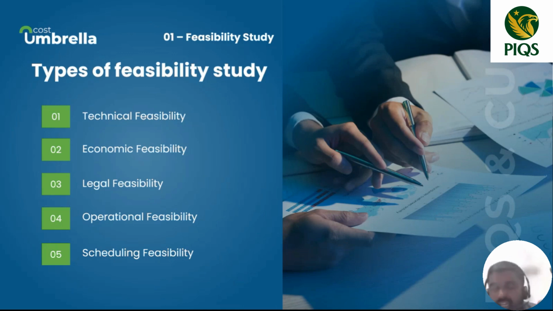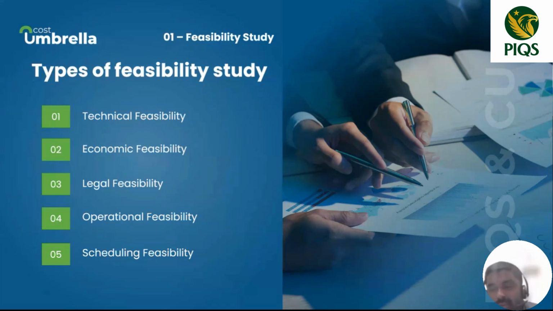You have a big idea, like constructing a Burj Khalifa, but you still have millions, not billions or trillions. So obviously that will stop you. That analysis is known as economic feasibility. Then legal feasibility. Obviously when you're doing a business, especially constructing or projects, you need to get approvals.